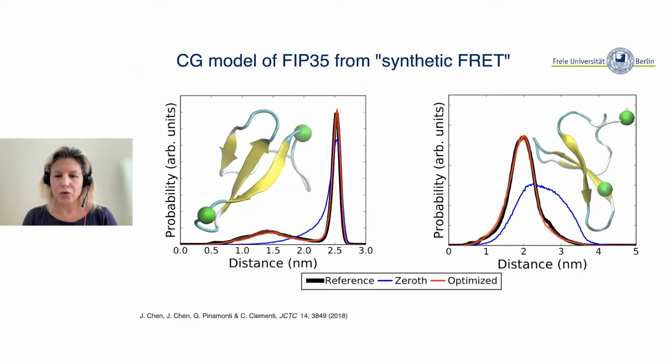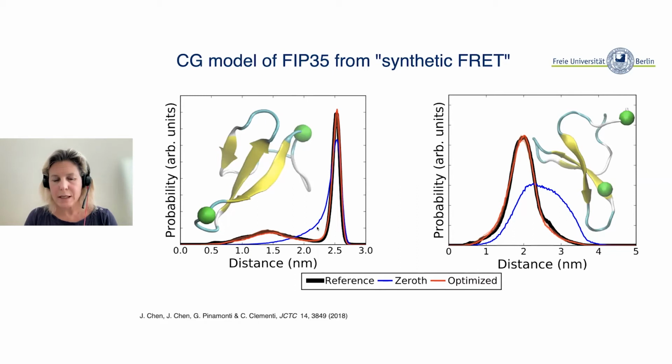In order to disentangle the problem of the error from experimental data and the possible problem in the model, we generate experimental data synthetically. So we call it synthetic FRET. We generate experimental data from all-atom simulation, and then we train the coarse model to reproduce these global observables.